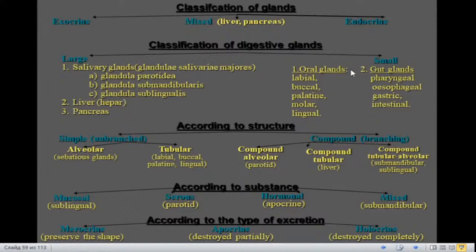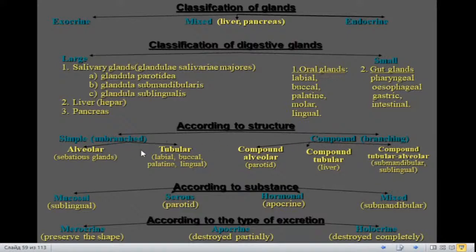Small glands are divided into oral, which are small glands producing saliva: labial, buccal, palatine, molar, lingual, and small glands in the gut: pharyngeal, esophageal, gastric, intestinal.